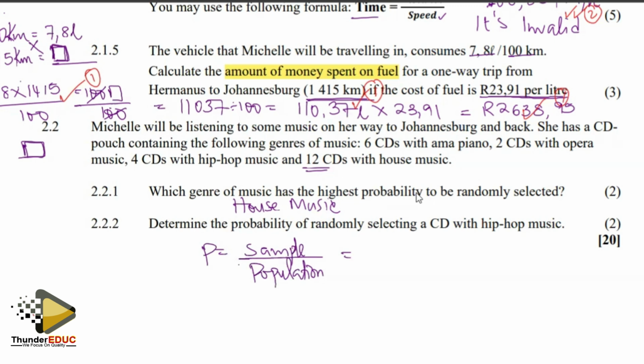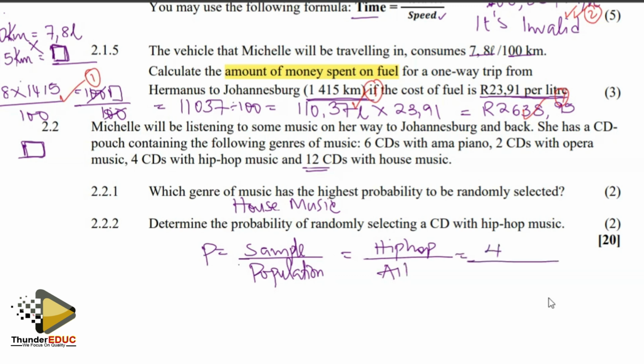The sample here is to choose hip hop music out of all other music. So we shall say, how many are hip hops? There are 4.